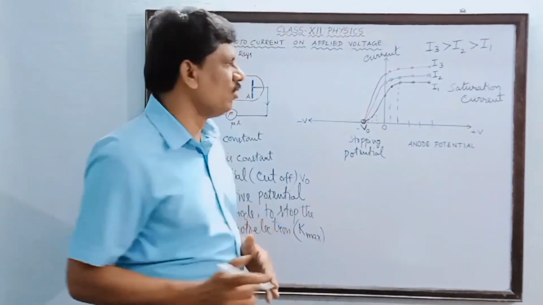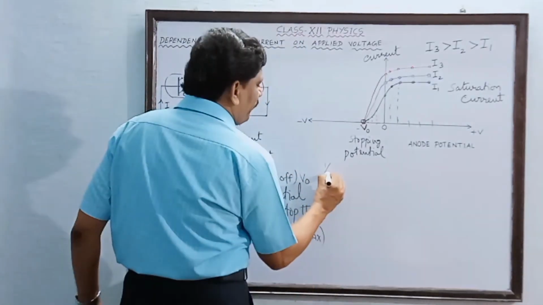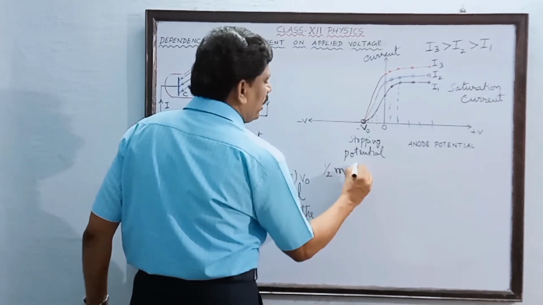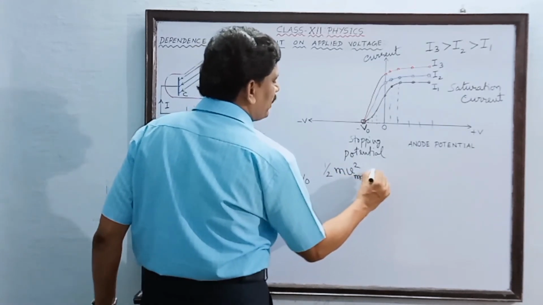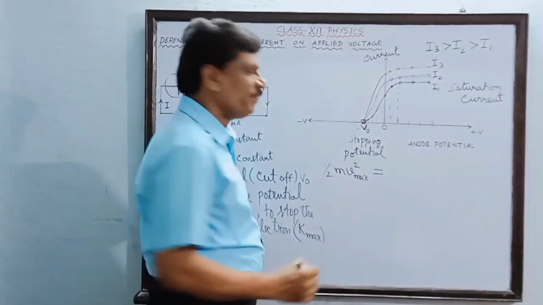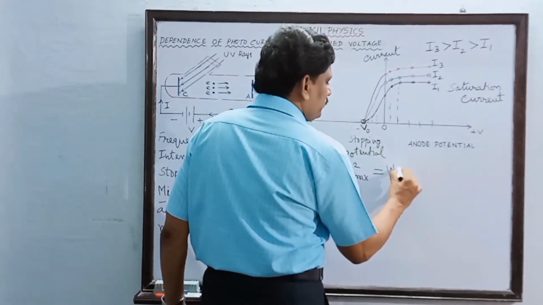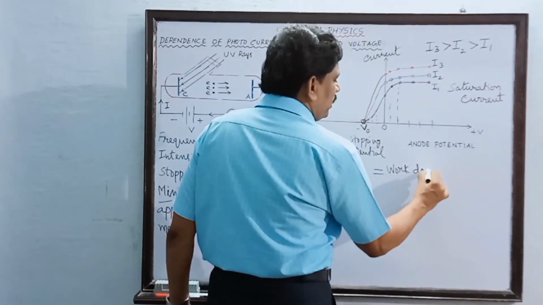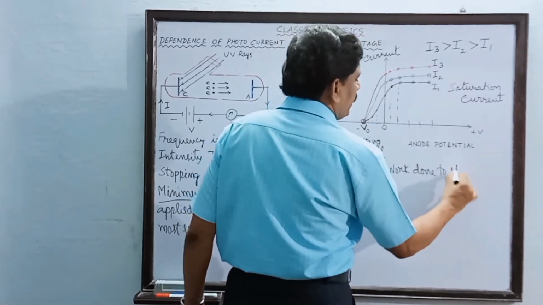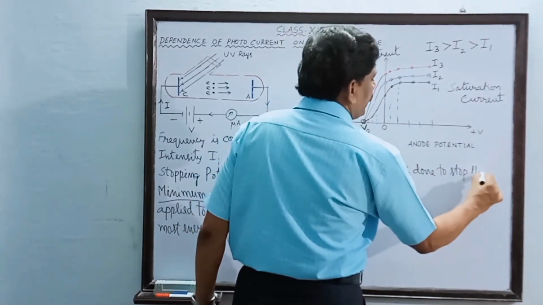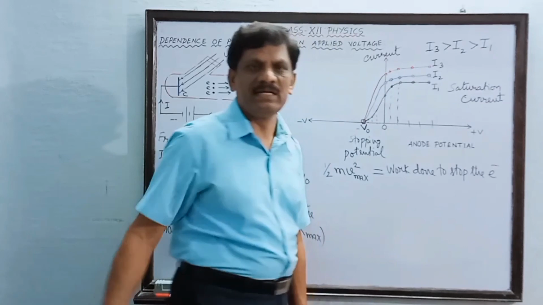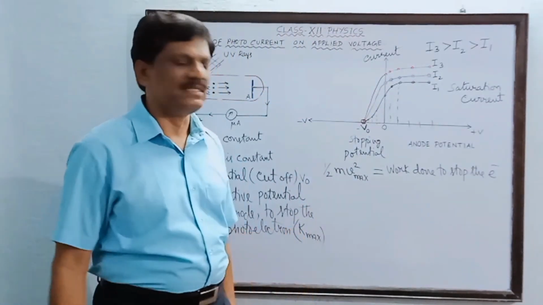Therefore, the kinetic energy of the fastest photoelectron, half mv square maximum, must be equal to the work done to stop the electrons with the maximum kinetic energy.